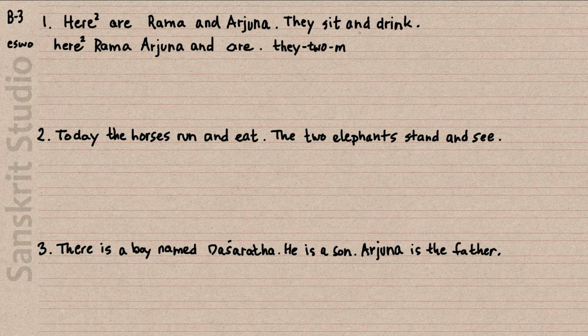They are sitting, so they 2 sit, which is going to be one verb, and they 2 drink, and then we have the conjunction and last there, just as we had with Rama, Arjuna, and.